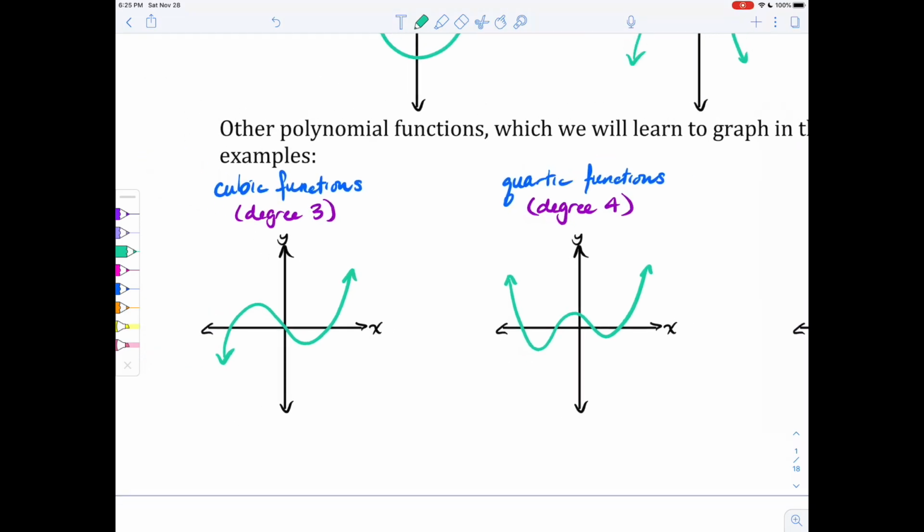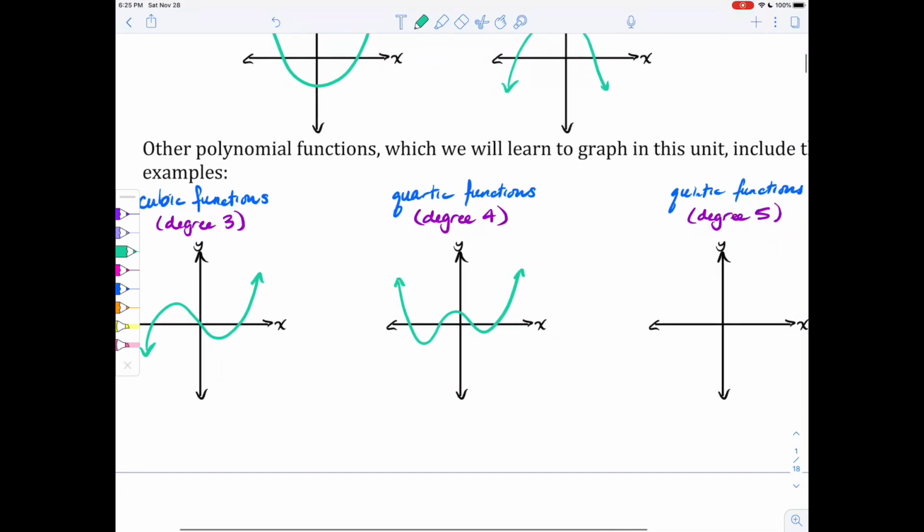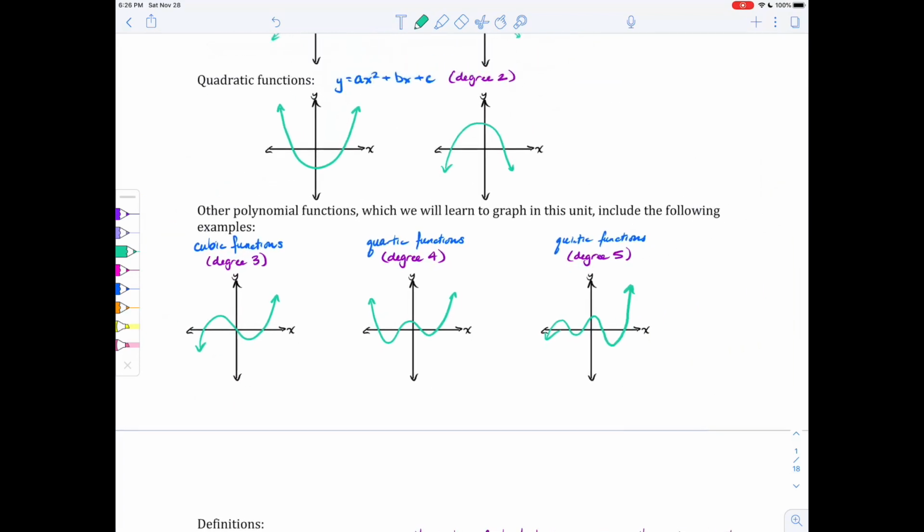And finally, a quintic function is where we'll see something that is maybe like this. Whoa! What a roller coaster. That's all sorts of fun. Whee! So there's some examples of polynomial functions.